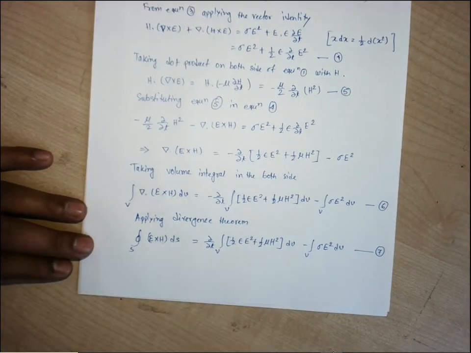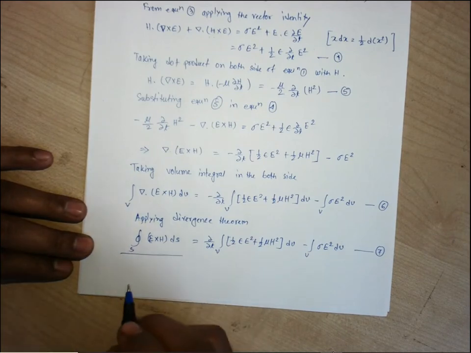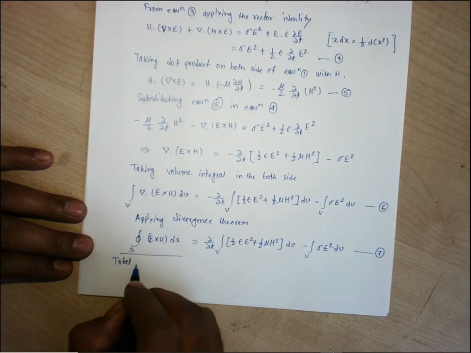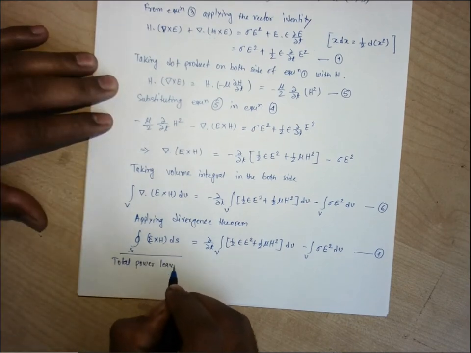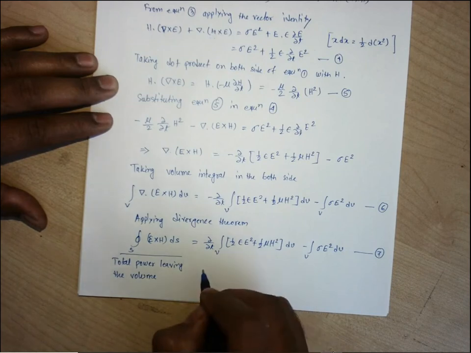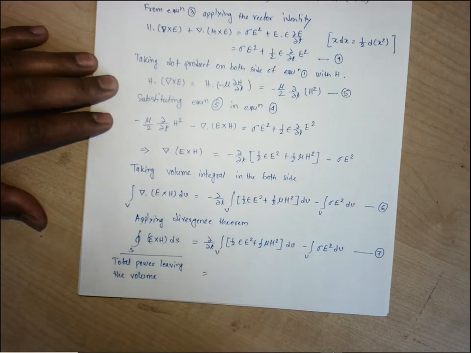So what is this? It is the closed surface integral of E cross H. This part is called the total power leaving that volume. This part has a time derivative, so it is a time rate.